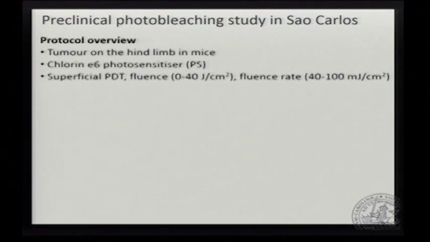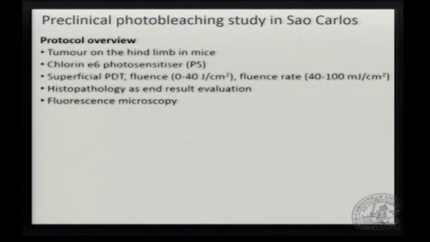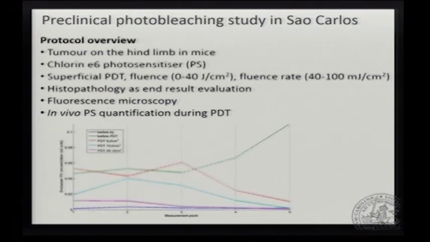We treated them with PDT, changing the fluence and fluence rate. We did histopathology afterward to assess them. We did fluorescence microscopy, and we did these in vivo measurements before, during, and after PDT, so that we could assess this fluorophore concentration. And this is just one set of data that we have from one of the mice.